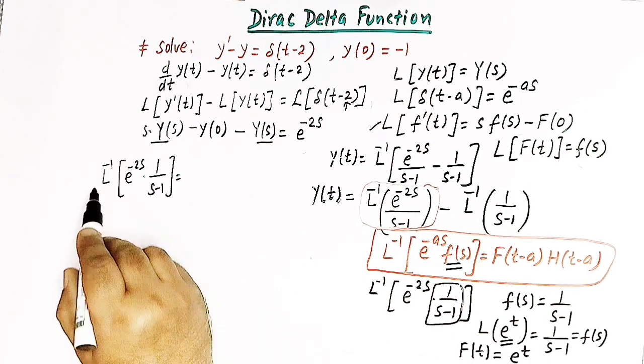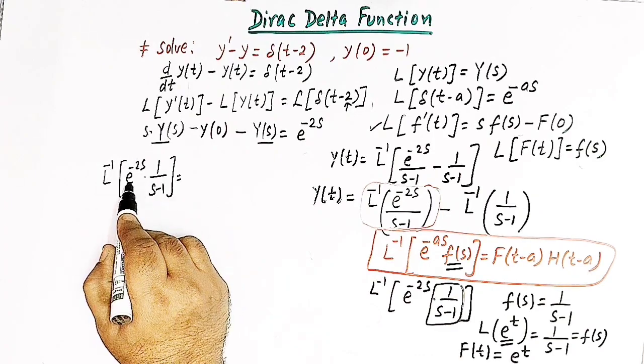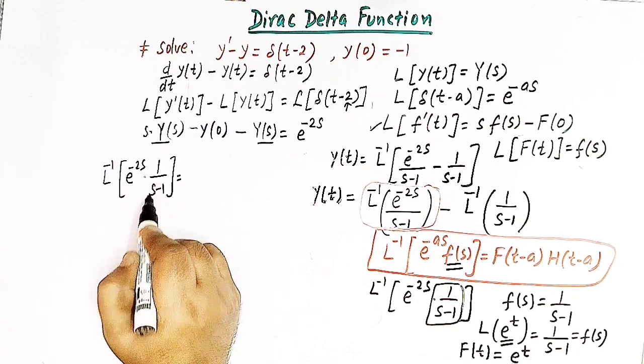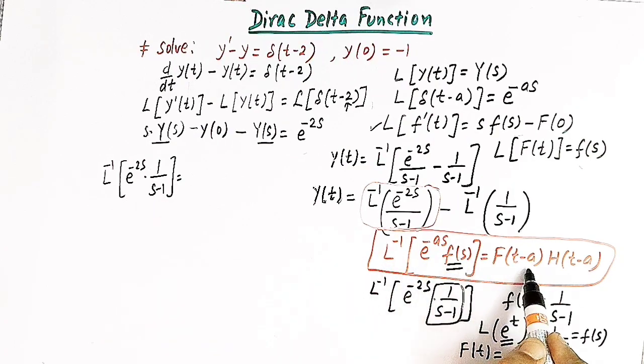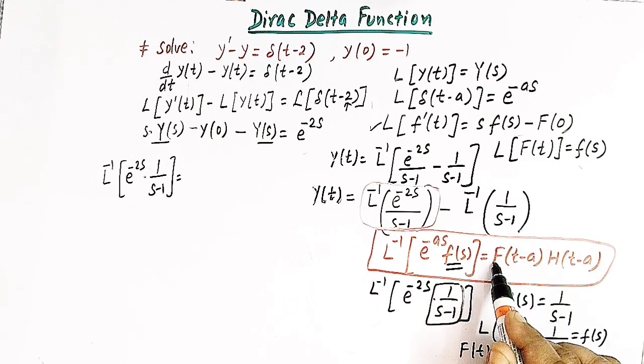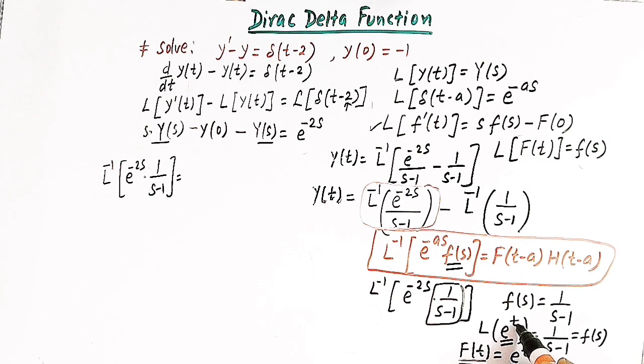So now the value of the inverse Laplace transform of this function, e raised to minus 2s over s minus 1, can be written with the help of this result. So we have f(t minus a), and our function f(t) is e raised to t, right? Because here the function e raised to t has the transform 1 over s minus 1, right?